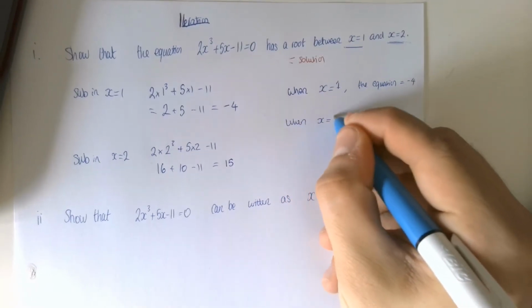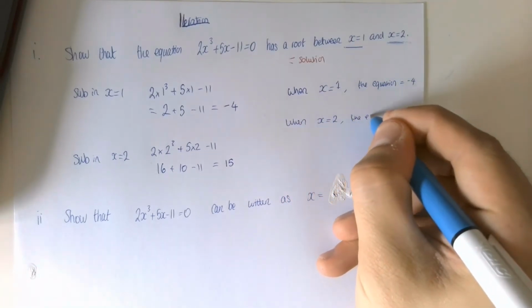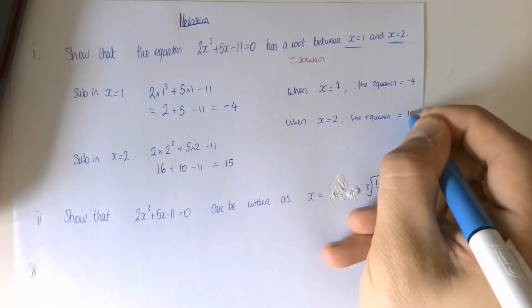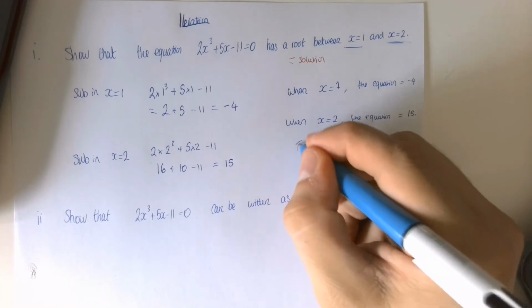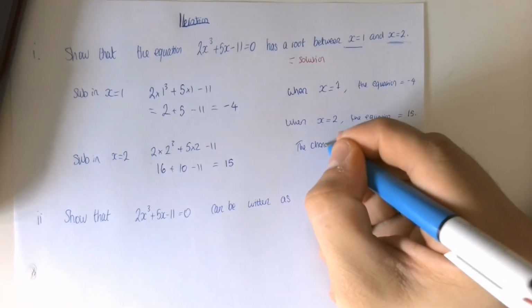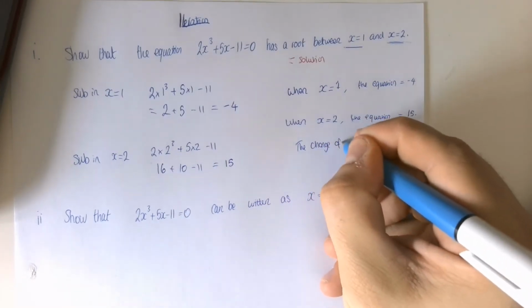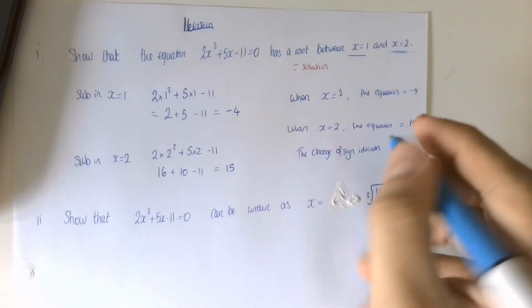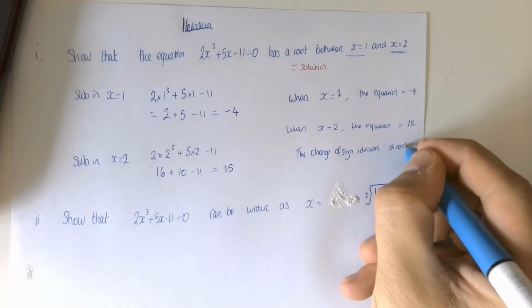When x equals 2, the equation is equal to 15. The change of sign indicates a root between them.